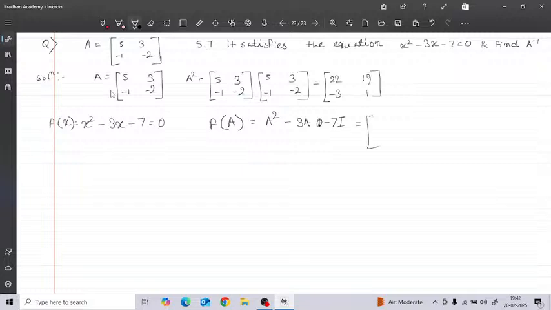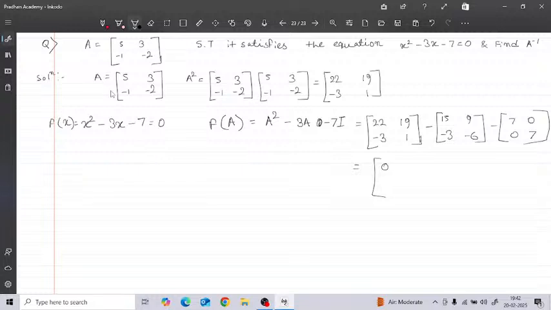Okay, so this is my minus 3A will be 15, 9, minus 3, minus 6, 7, 0, 0, 7, 0, 3A, my A is 9, so that will be again 0.